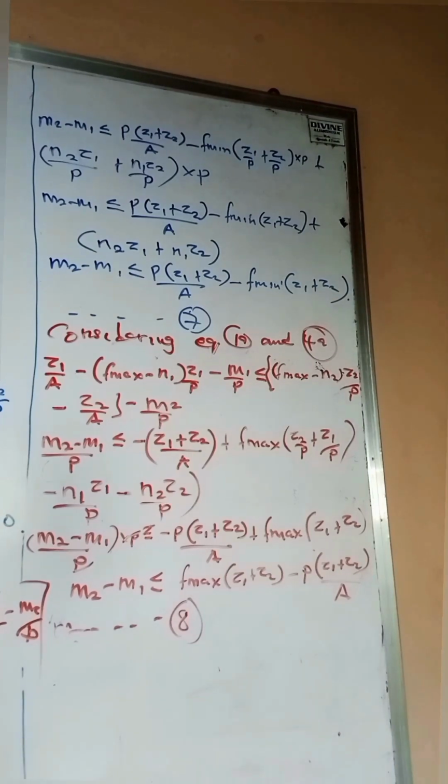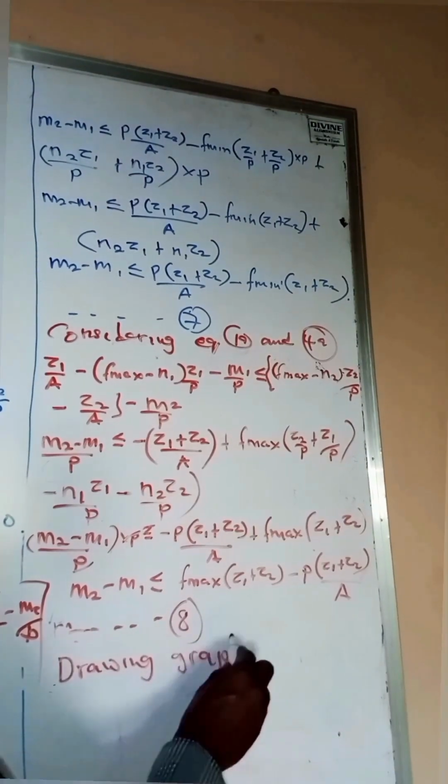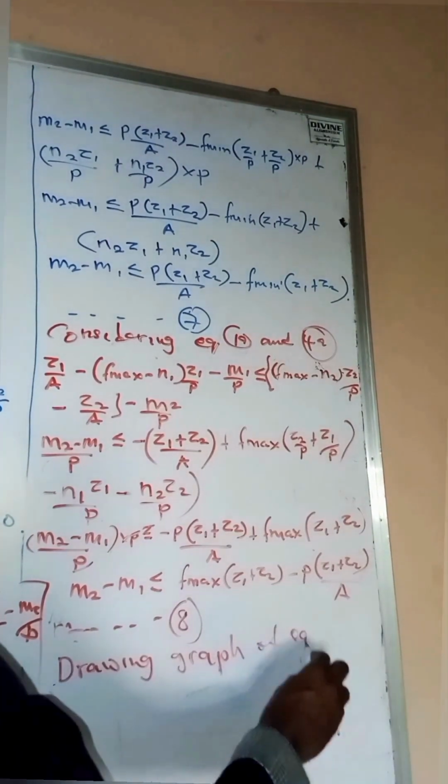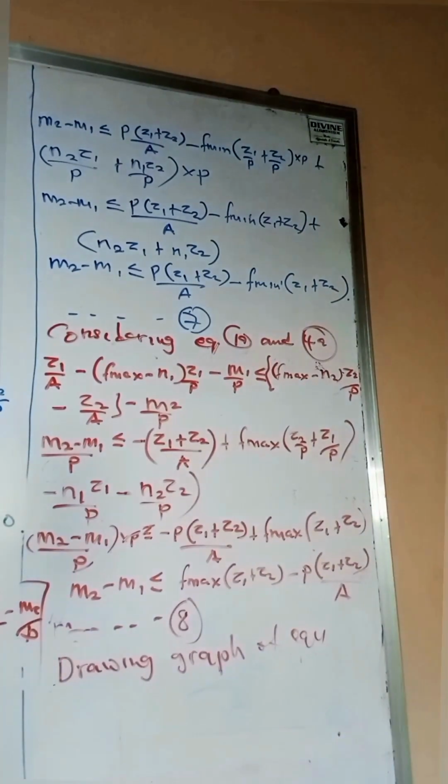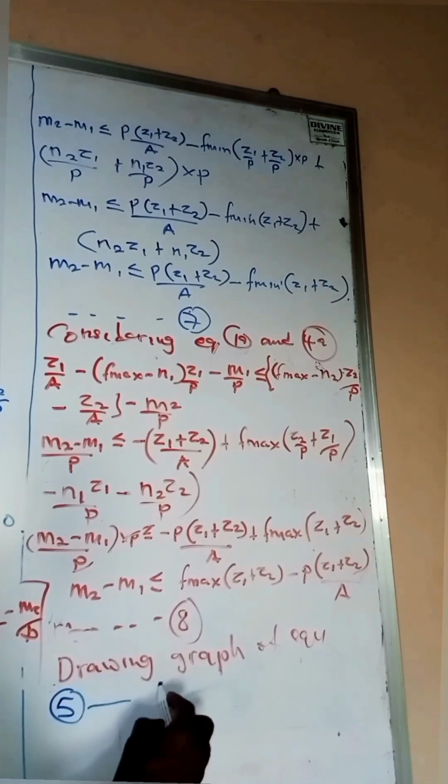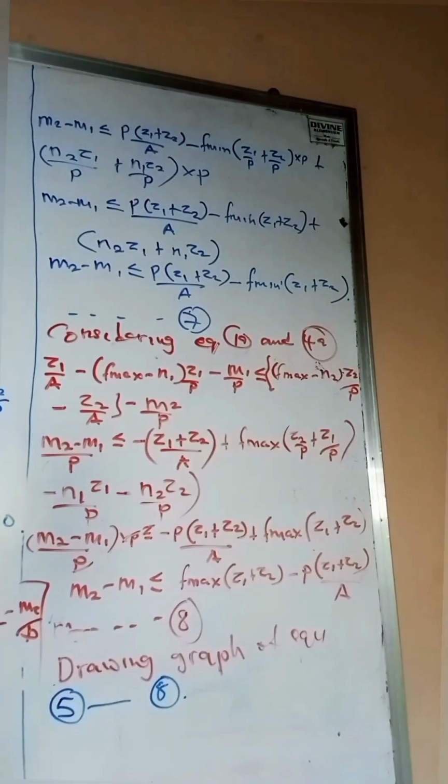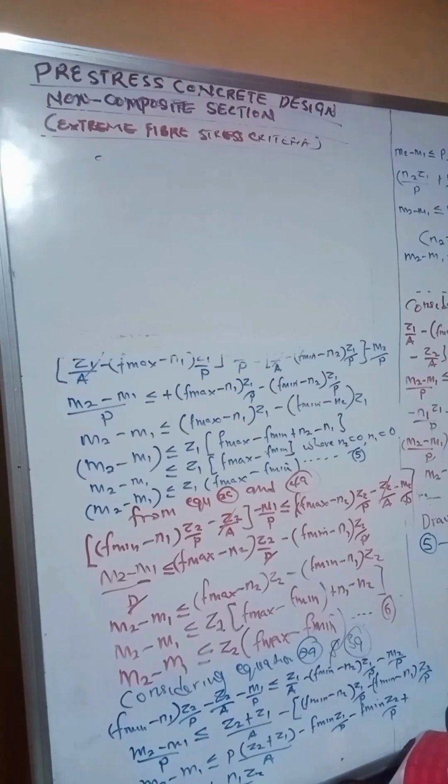We're going to have the solution for P, and also the upper and lower limit of the prestressing force based on these four equations which we have just gotten. So let's do it graphically. I will solve equation 5 to 8.